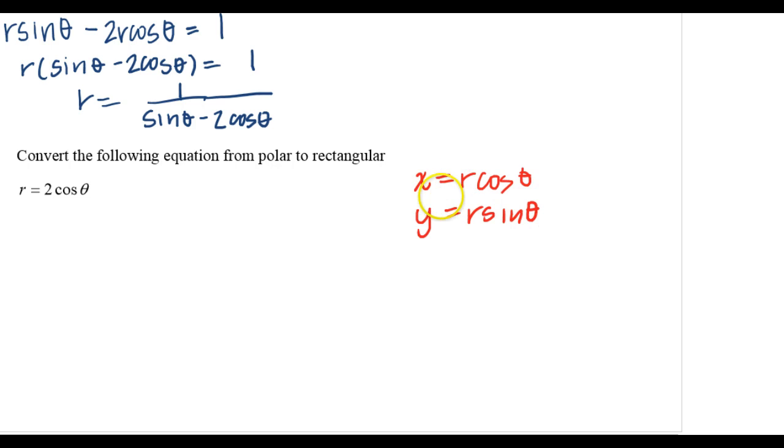One of the things we can do, and there are many different ways we can solve this problem, is that right now I have a cosine theta that I can replace with something to do with x if I rewrite x equals r cosine theta as x divided by r equals cosine theta. So now I have a replacement for cosine theta that at least has an x in it.